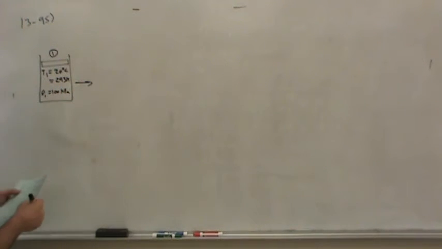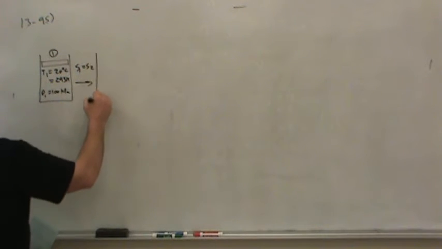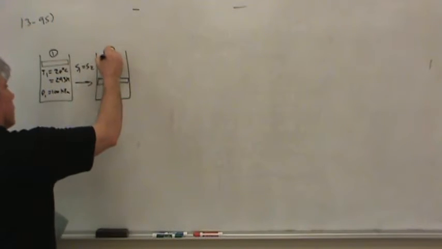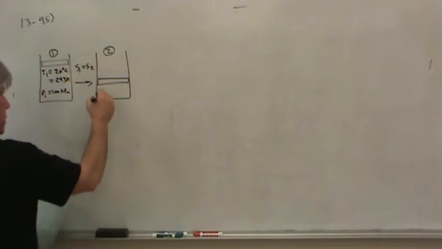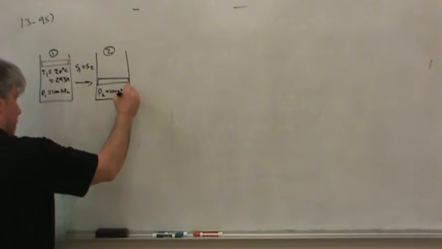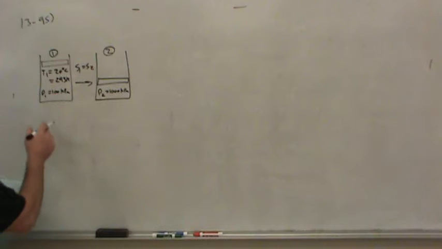Now what's going to happen, isentropically, is that this gas mixture is going to be compressed to state 2, such that the pressure in state 2 goes up to 1000 kilopascals. Now we can't say much about the temperature. I think the temperature is probably going to change, but we know this is true.